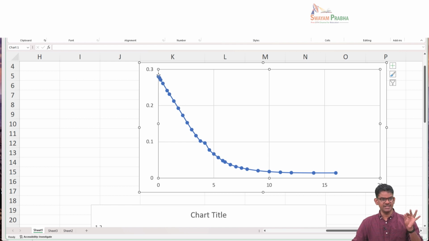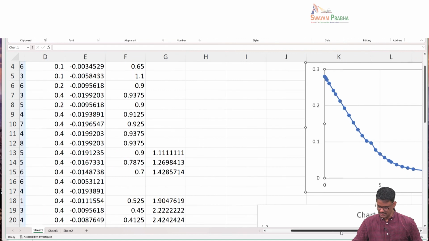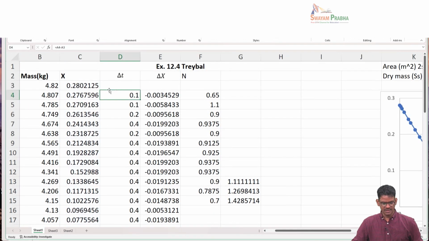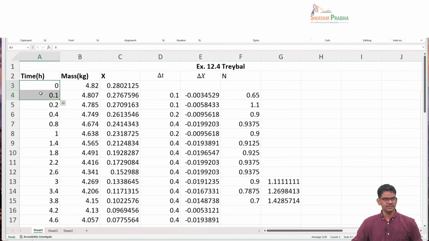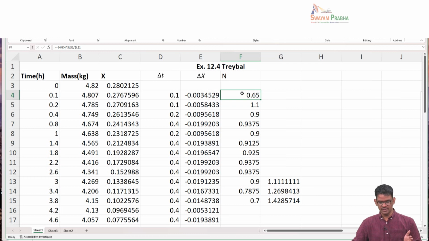You can see the initial is not there, and then you can see it reaches some sort of an equilibrium moisture content. Okay, this is time versus moisture content, x versus t. Then I find the time difference between two subsequent points, delta t and delta x, and get a slope, and then divide the slope by the area to get N. Between subsequent points I take delta x and delta t, find the slope at that x.